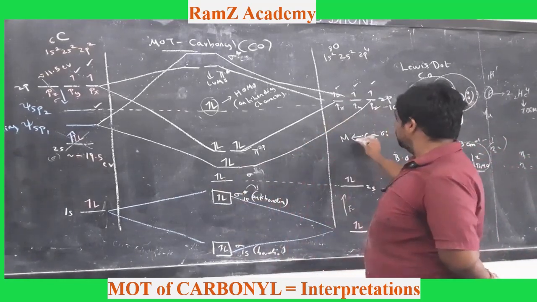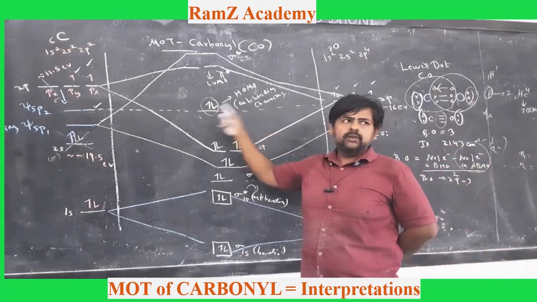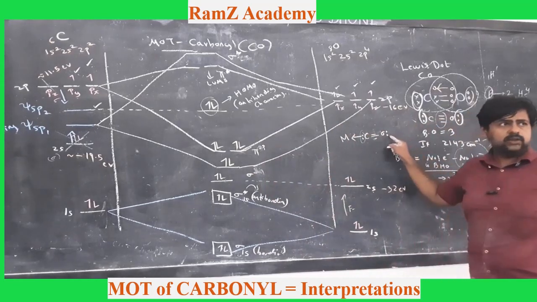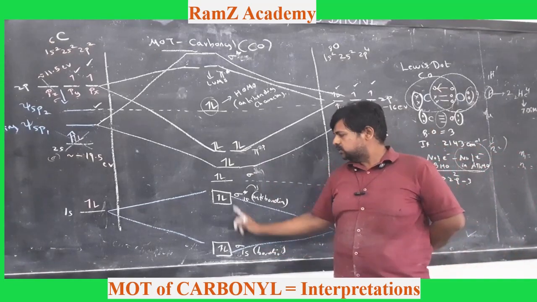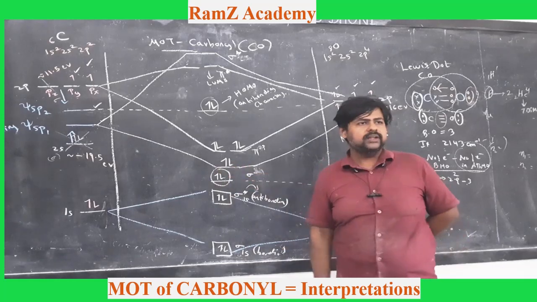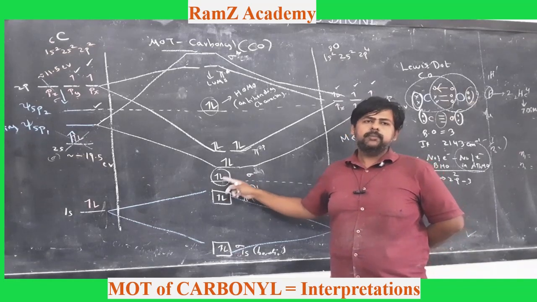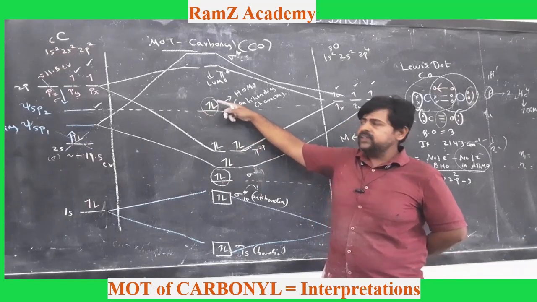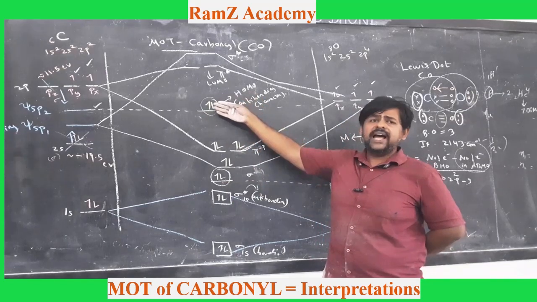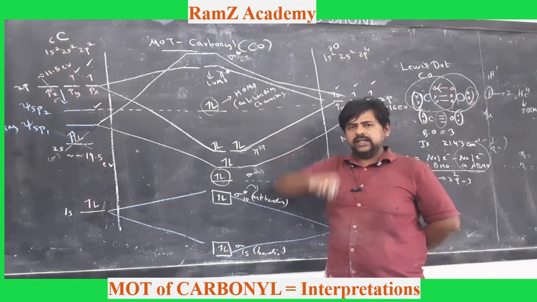Now look, the lone pair that is present on the carbon is nothing but your HOMO electron, whereas the lone pair that is present on the oxygen is somewhere very deep in your MOT diagram. That means this is very close to the nucleus. As a result, this lone pair on the oxygen does not get involved in forming a coordinate bond with the metal, whereas this one, which is a little bit away from the nucleus as well as having high energy, is available for coordinate bond formation with the transition metal.